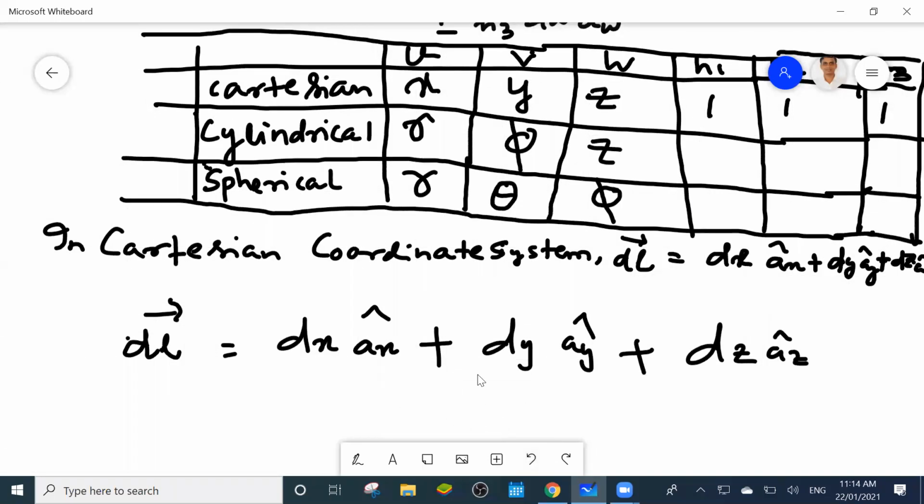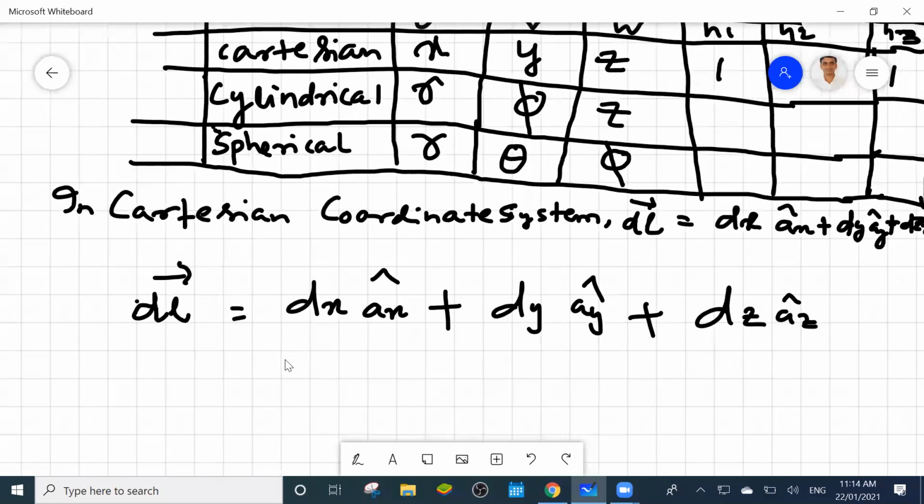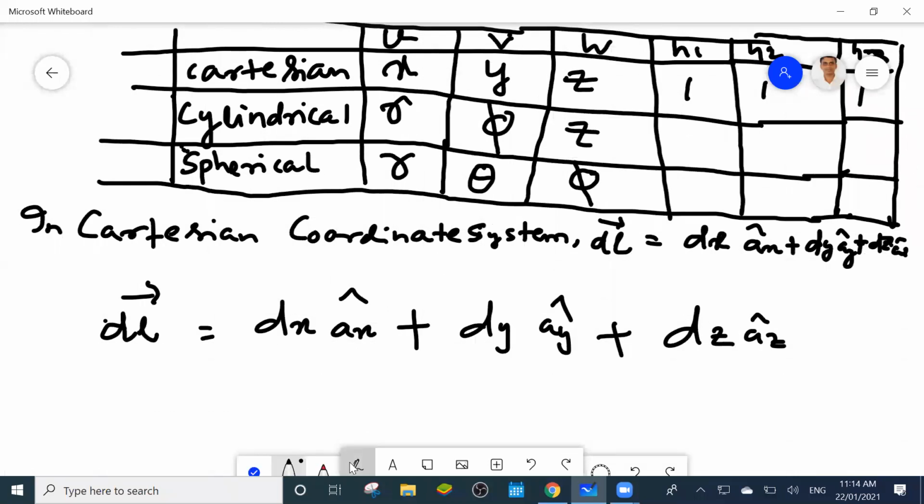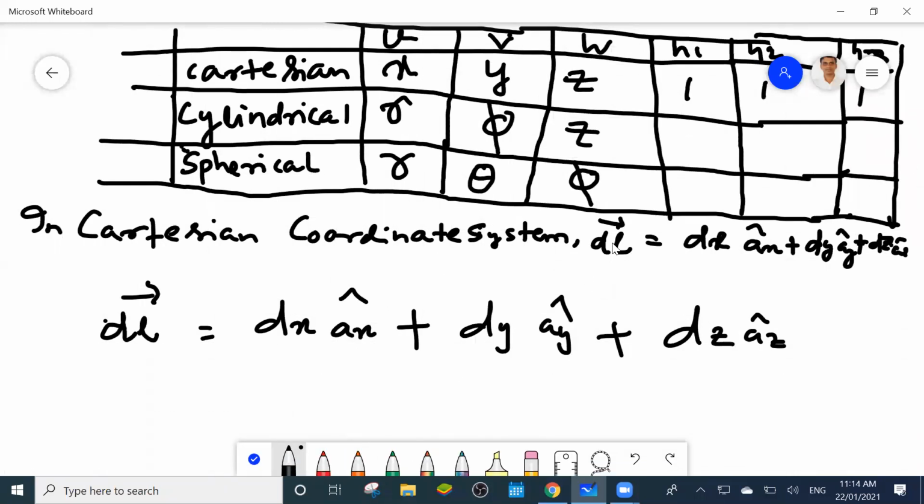Clear, everyone? This is for which coordinate system? Cartesian coordinate system. So if you want to write dL in the cylindrical coordinate system, can you write or not? I will try to write. For cylindrical, we have to know the values of H1, H2, and H3. Here the H1 value is 1, H2 value is r, small r, and the H3 value is 1.